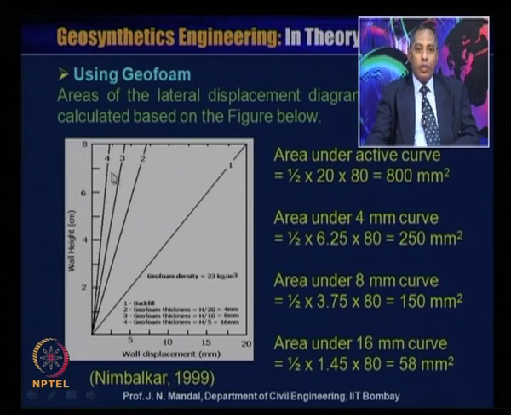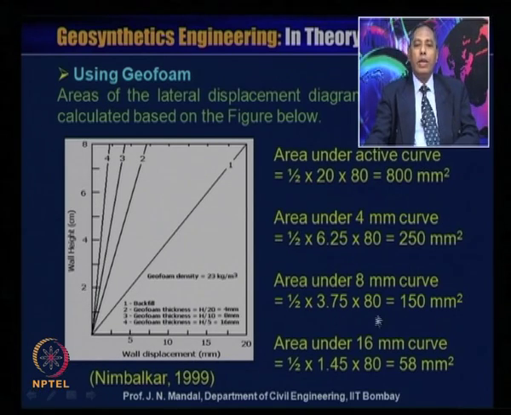Now if we use the 8 millimeter thickness of the geofoam, that means we will take this area 3, this area. So here this will give you about 3.75. So area will be half into 3.75 into 80.